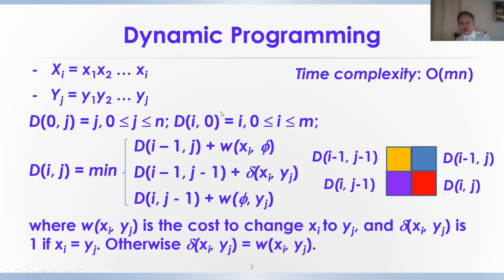I first discuss the dynamic programming paradigm, which is mainly used to calculate the distance between the prefix xi from the pattern and the prefix yj from the target. By using this formula, I just use dij to represent the distance between xi and yj.